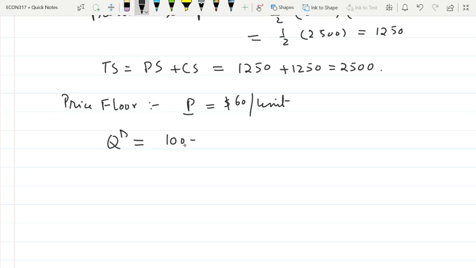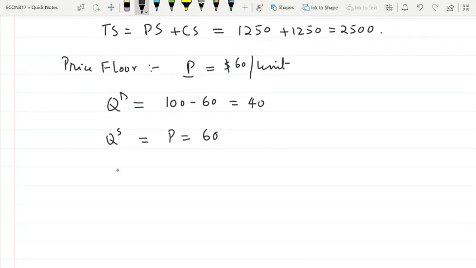Quantity demanded is 100 minus the price, so 100 minus 60 turns out to be 40 units. Quantity supplied is equal to the price itself, which is 60. So firms want to sell 60 units, consumers want to buy 40 units, so we have a surplus, which is the quantity supplied minus quantity demanded, 20 units.